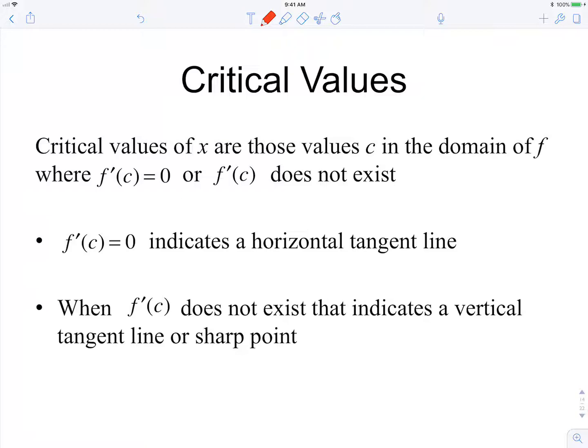However, if you find a potential critical value where the derivative is undefined, you need to make sure that value is also in the domain of f. If it's not in the domain of f, then it's not a critical value, meaning there cannot be any local extrema at that point.